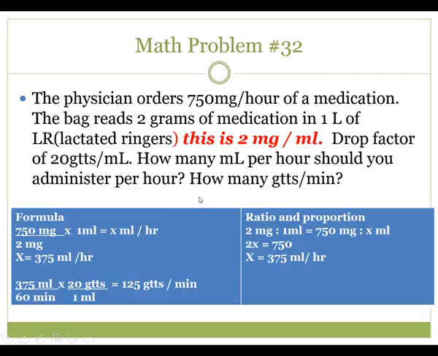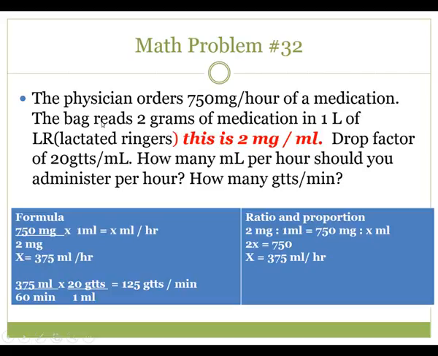Okay, so the formula: our desired dose is 750 milligrams. Our available on-hand dose is 2 milligrams in 1 mil. So you solve for that, and that tells you that the quantity of our desired dose is 375 mils per hour.